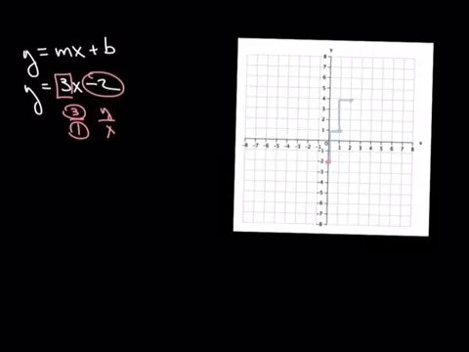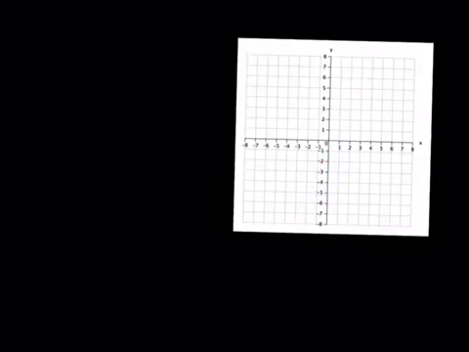Or we could go down 3 over 1 like that, because 3 over 1 is the same as negative 3 over negative 1. And then we draw our line through all of our points, and we have the graph of that equation. So you find the y-intercept, and you find the slope, and you can graph any of these linear equations.